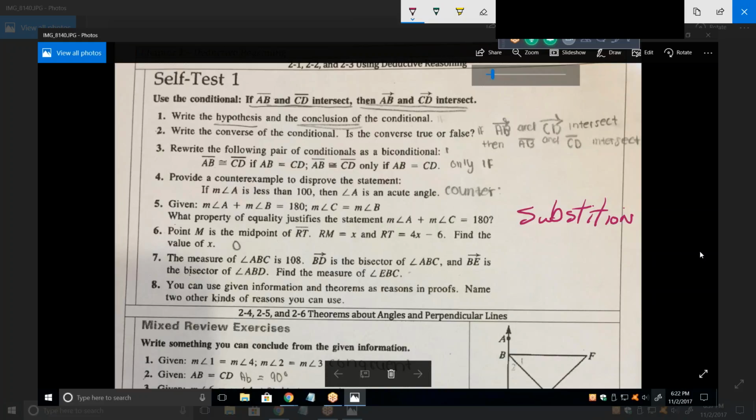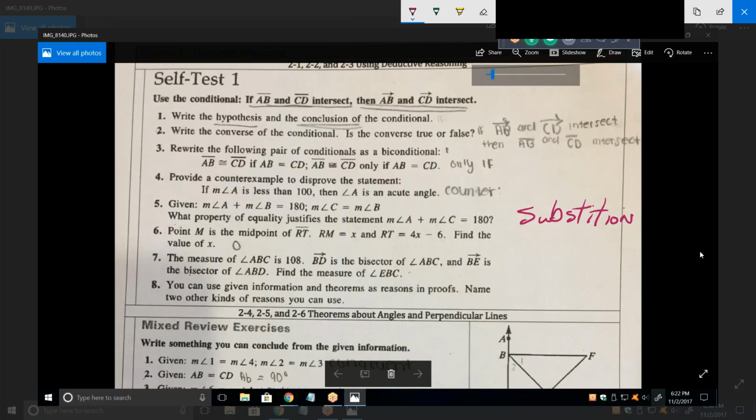I don't believe that these other properties, I don't think they would have it in my book separately. I've got 8 properties. I've got addition, subtraction, multiplication, division, and I got reflexive, symmetric, transitive, and then it's got an 8th one, substitution. I think this is just the substitution property. Just substitution?